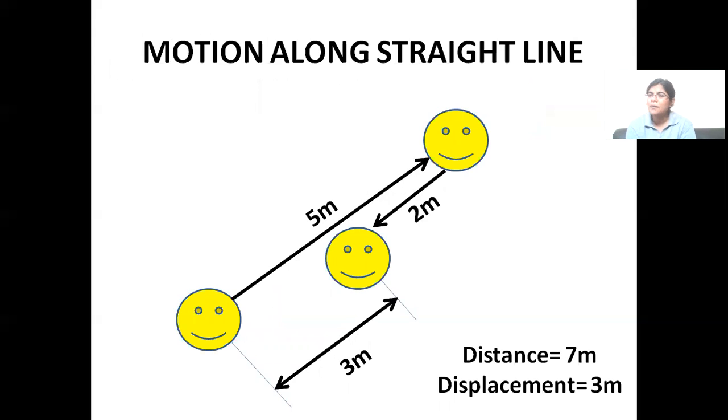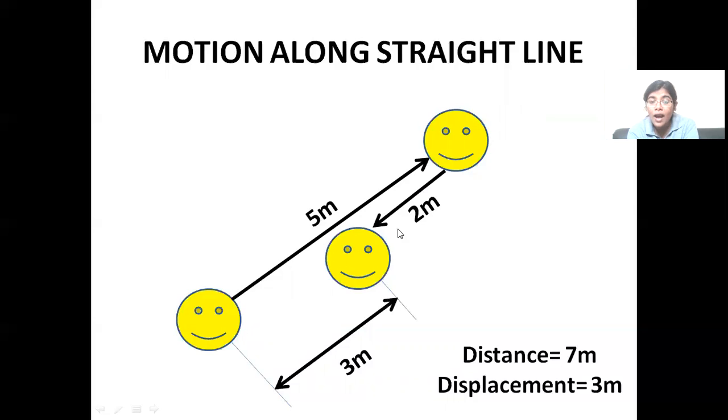Now, the simplest type of motion is moving in a straight line. Now, suppose I am here. Now, from here, I move 5 meters away to this point. Now, from my new location, I move 2 meters towards my older location.